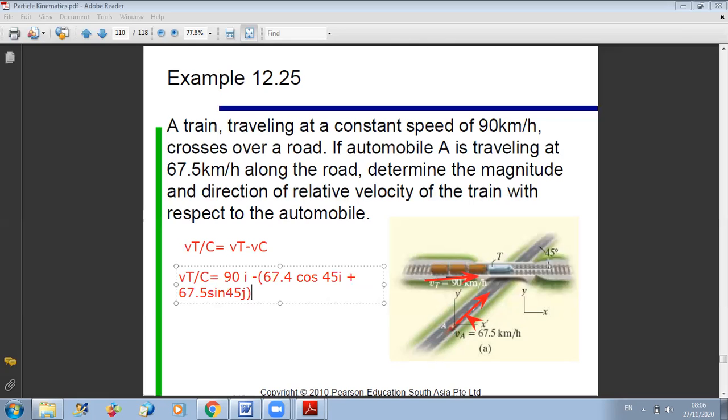Okay, so here, this is the vector. So along I I have in total 90 minus 67.5 cosine 45.